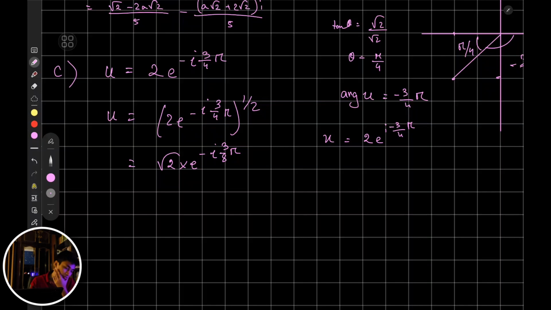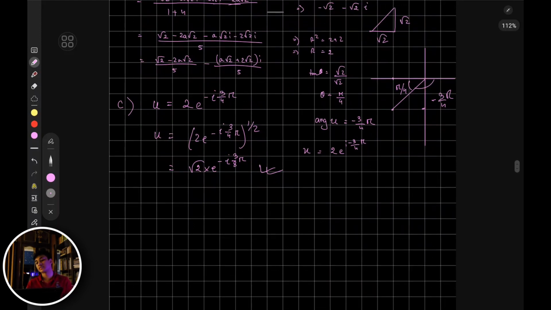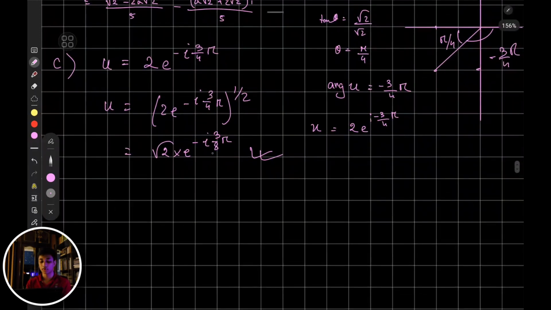Now what is the other value going to be? This is one of the square roots. Now if you look at the Argand diagram, you've received a theta of minus 3/8 of a pi.